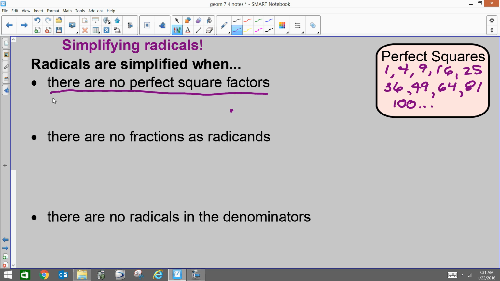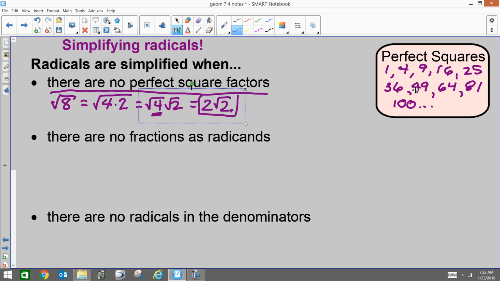All right, so for example, if you have the square root of 8, that has a factor of 4 in it. So you're going to take that 8 and factor it to 4 times 2, and this piece is going to go down to 2, and then radical 2 is left over, and that is considered simplified.